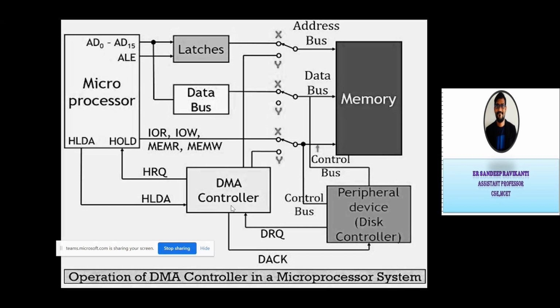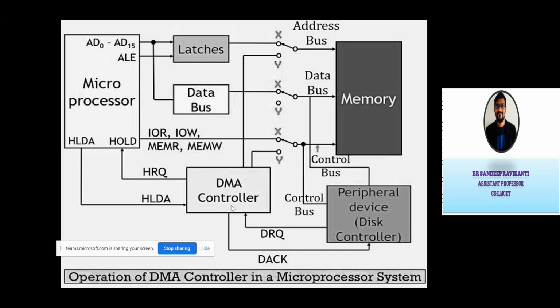So I have covered what is a DMA controller, why we need the DMA controller, what are the typical features of the DMA controller, and the basic operation of the DMA controller in this session. And you can see some of the signals related to input output read and input output write, and the memory read and the memory write.